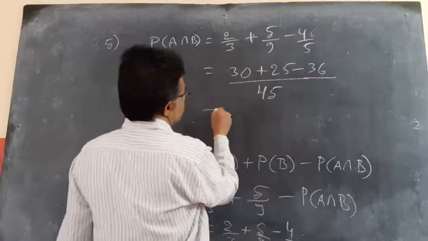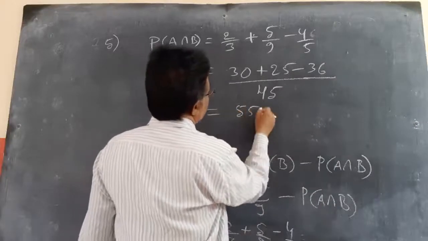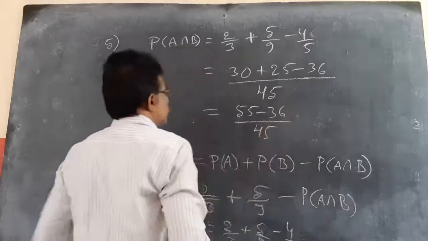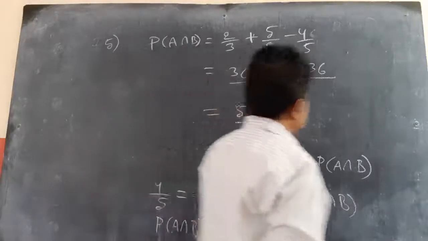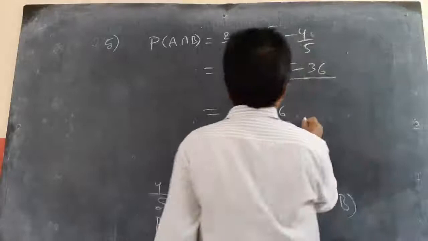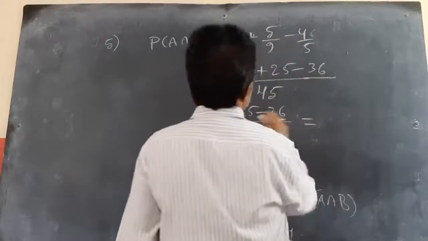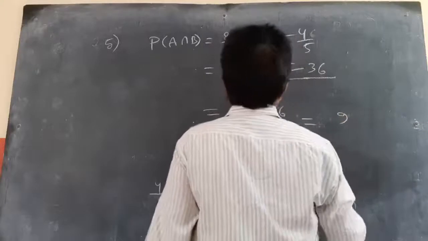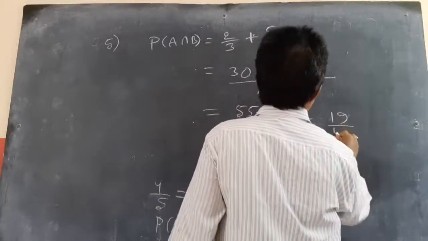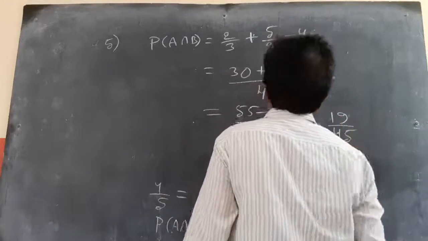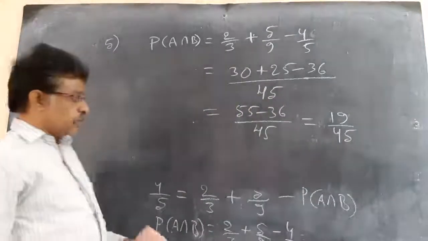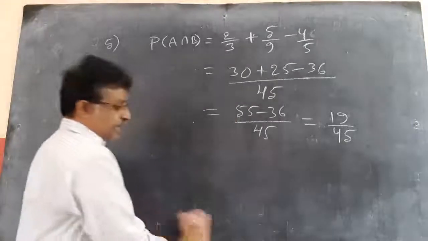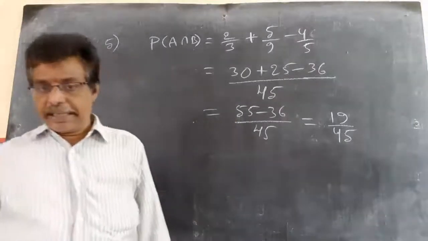So it becomes 55 minus 36 by 45, which is 19 by 45. 19 by 45 is P of A intersection B.